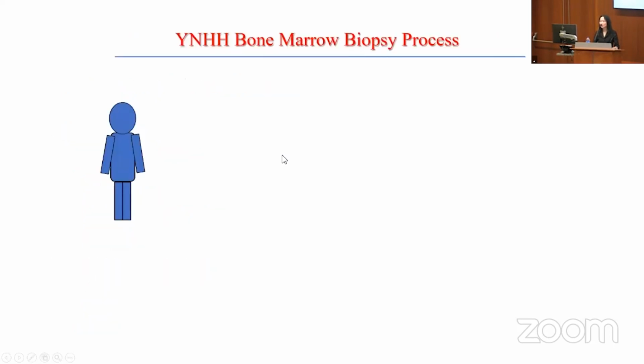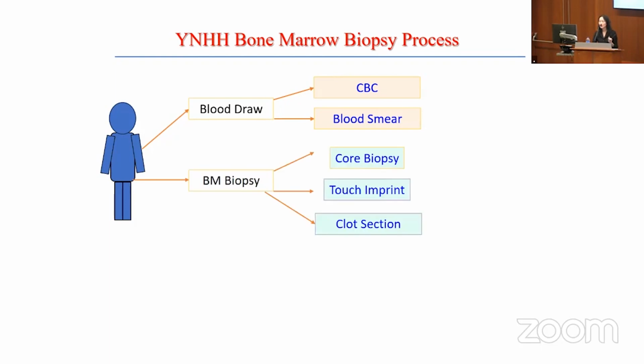So what we're talking about here is a compilation of samples. The blood draw, which gives you CBC and blood smear, which is on a slide. The bone marrow biopsy, which physically becomes the core biopsy. There can be a touch imprint, which comes in handy if the aspirate is not good. A clot section, which is essentially clotted material at the end of the Jamshidi needle after they draw the aspirate, which is more material that we can use.